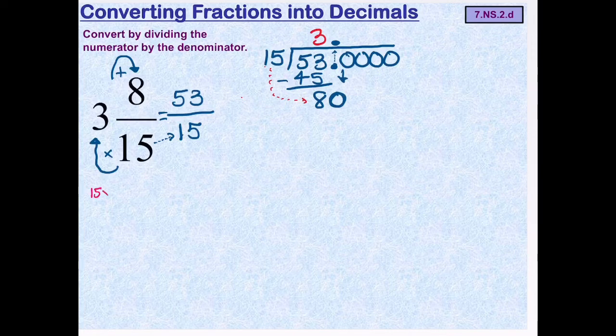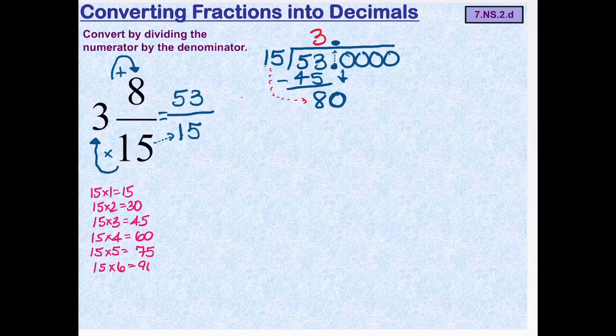So 15 times 1 is 15. 15 times 2 is 30. 15 times 3 is 45. 15 times 4 is 60. 15 times 5 is 75. 15 times 6 is 90. 15 times 7 is 105, and I'll stop there because I know you see it already.